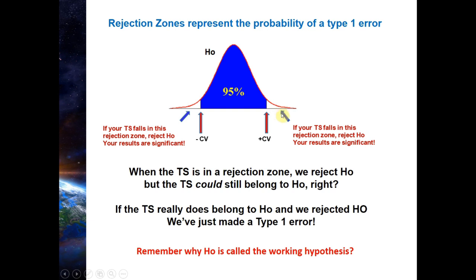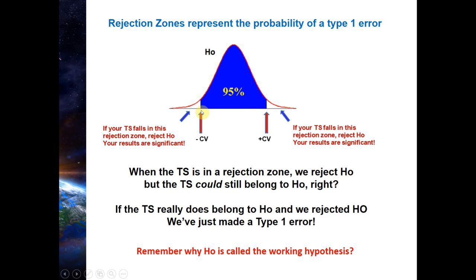So we report the total rejection zone area. All right. Let's say you were using alpha 0.01, then you would just have 99% here, and then 0.5% here, and 0.5% there. And you would need to find out your new critical values. So your critical values are simply special values of the TS. They are the values of the TS that will give you that middle, either 95 or 99%.